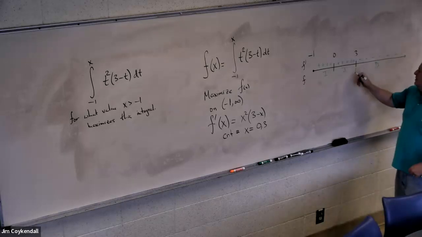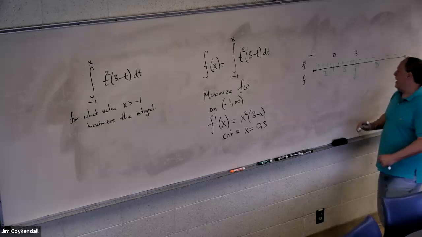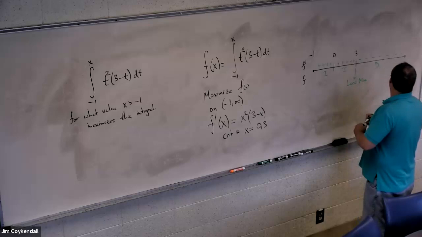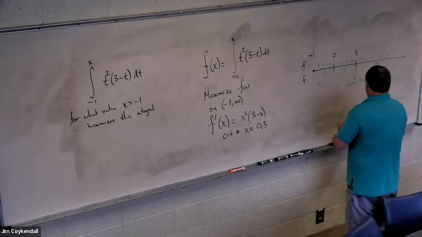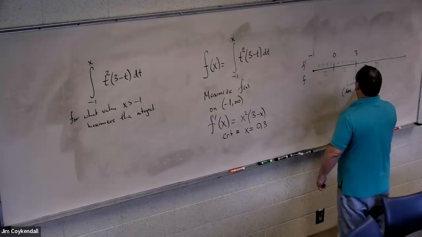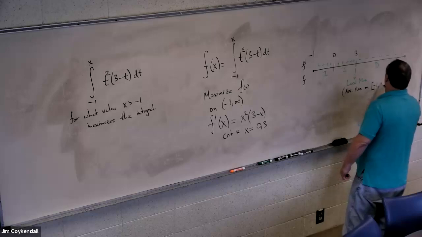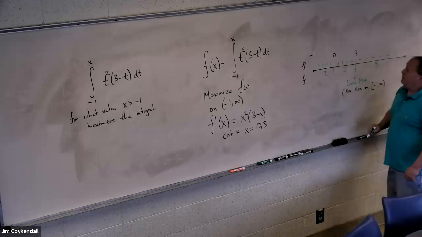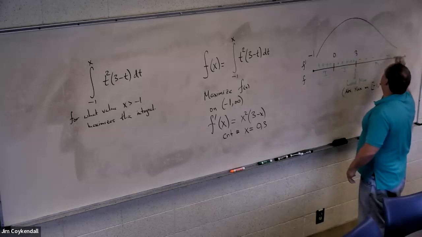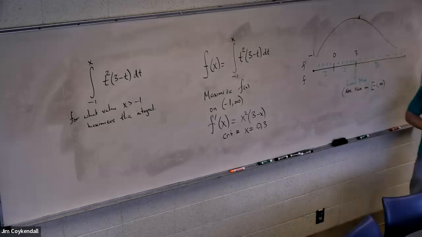So what happens here? That is correct. It's a local max, and it is an absolute max on the interval -1 to infinity. Because here's what happens: the function goes up and then down forever. So you're never hitting that apex again.